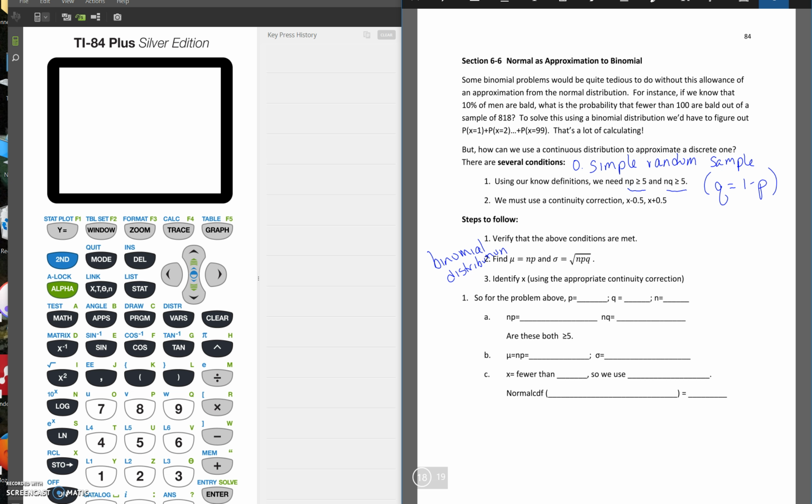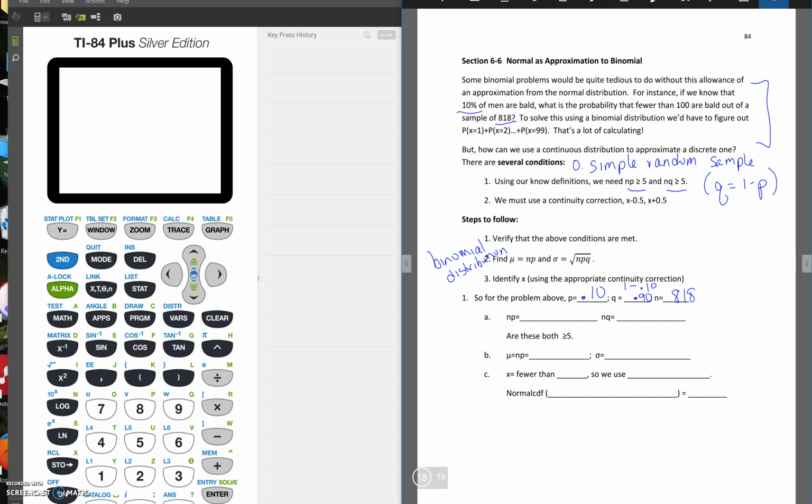For the problem about bald men, p is the probability that a man is bald, and we were told that it was 10%. As a decimal, that's 0.10. q would be the probability that a man is not bald, which is 1 minus 0.10, so 0.90. And our n is the total number we're sampling, 818.